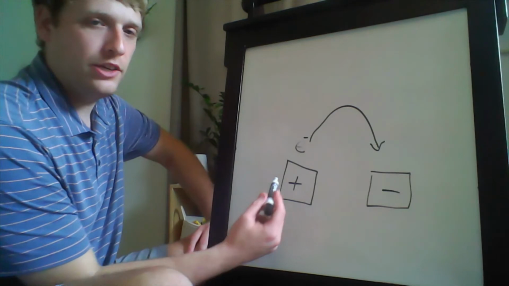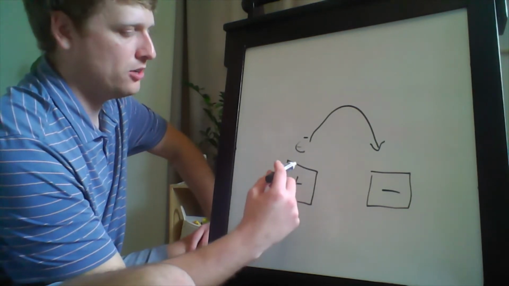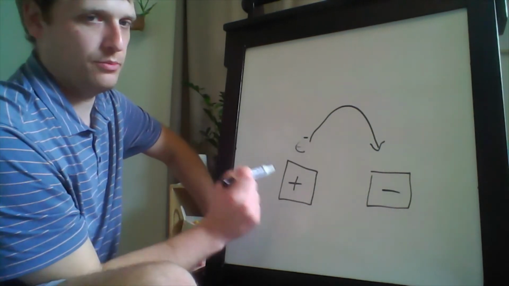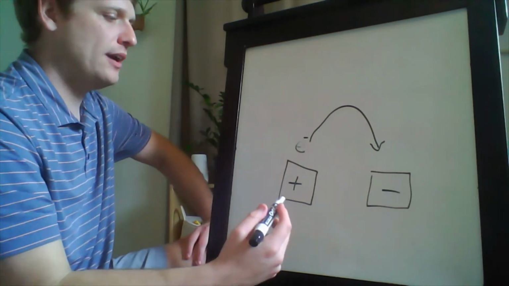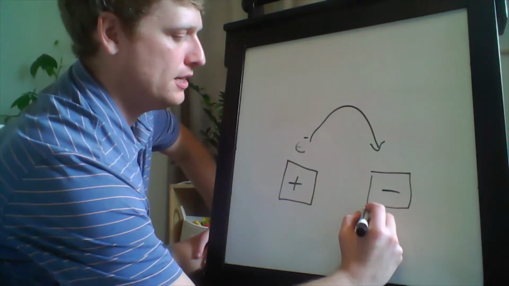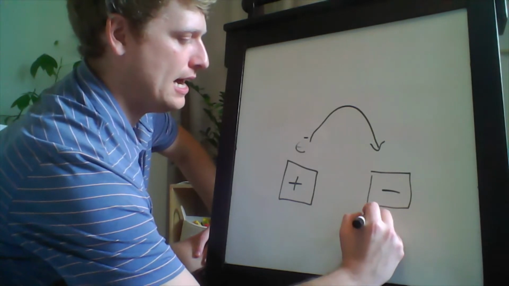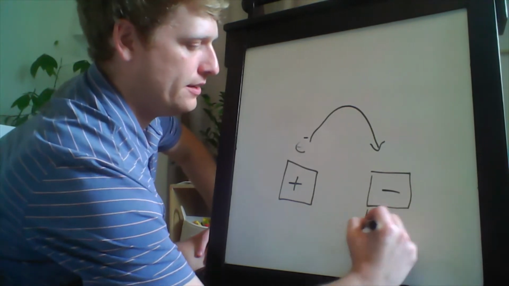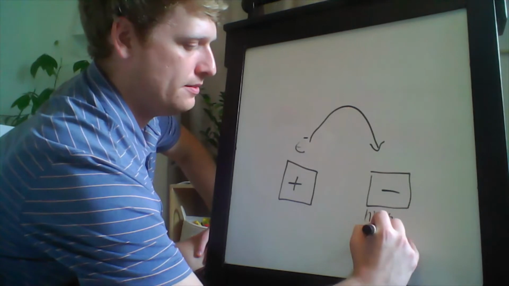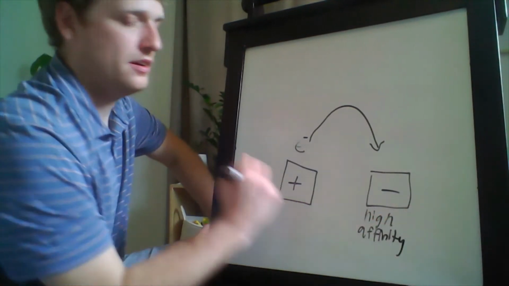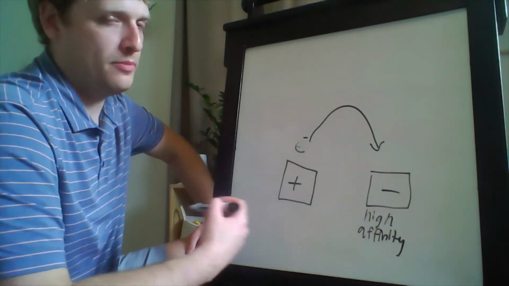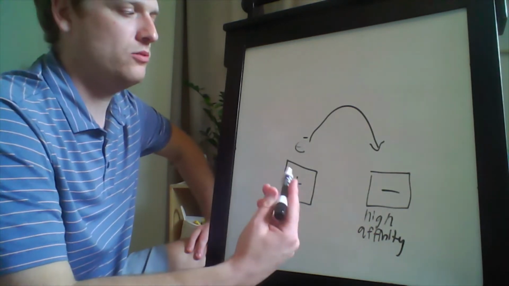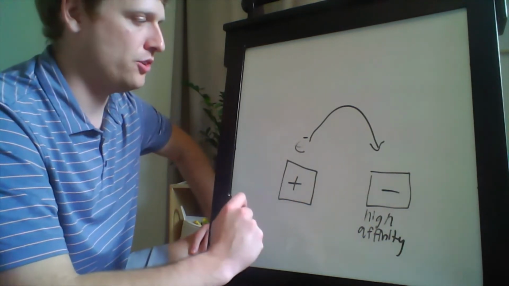And in a battery, you're having these charged particles moving from one end to the other, from one substance to the other. So you'll have on one side a substance that has a high affinity for electrons. That term affinity just means how attractive it is to electrons.